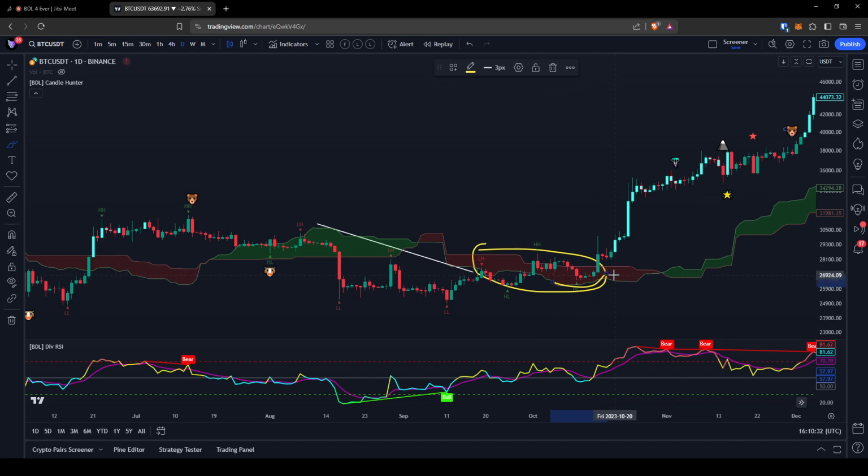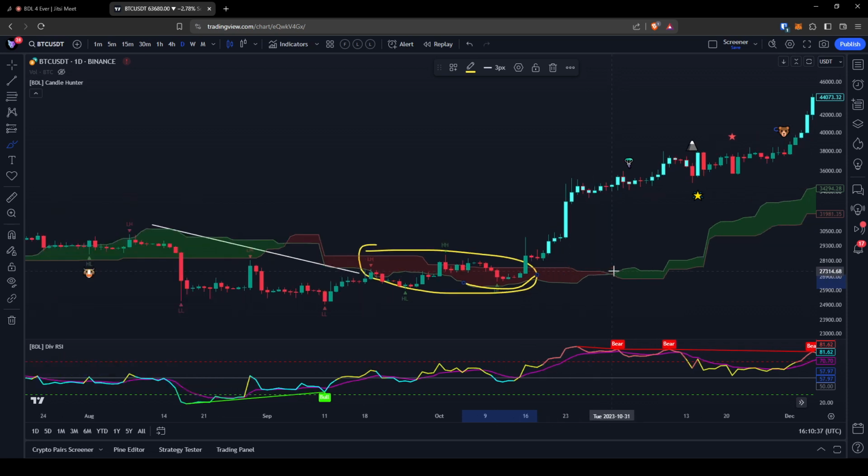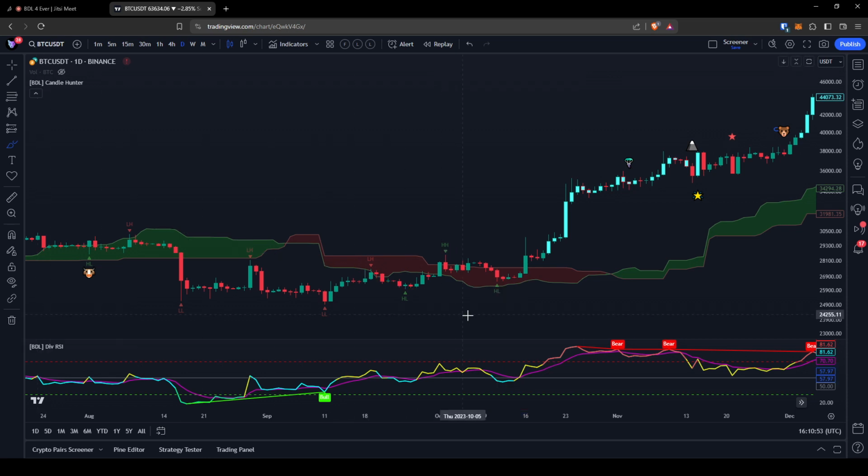You see that we are already making the yellow lines on the RSI, so it means that the bullish momentum is getting back, because we have upward momentum now, trading above the neutral line. And you start to see that we are getting closer to moving outside of the red cloud of the Ichimoku.